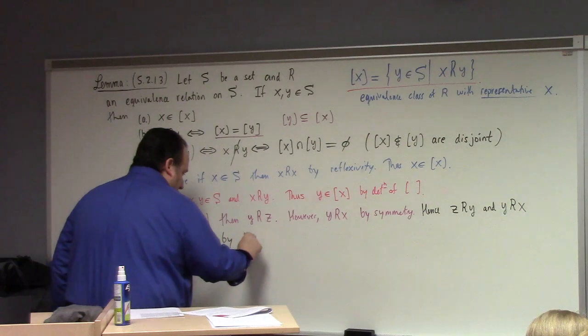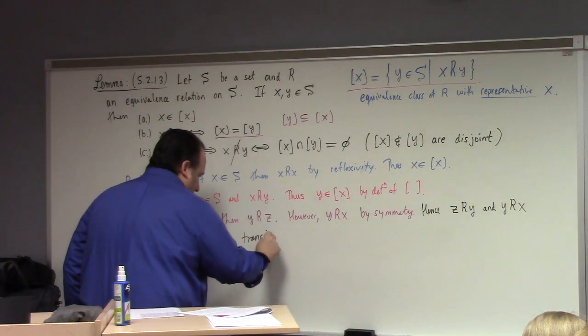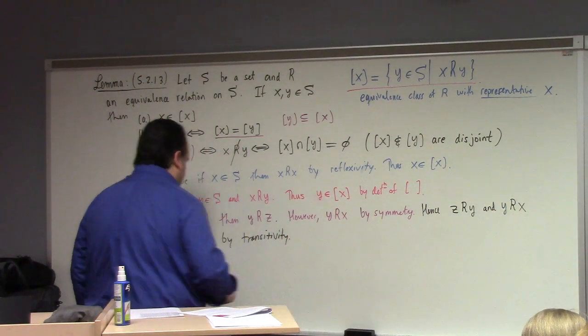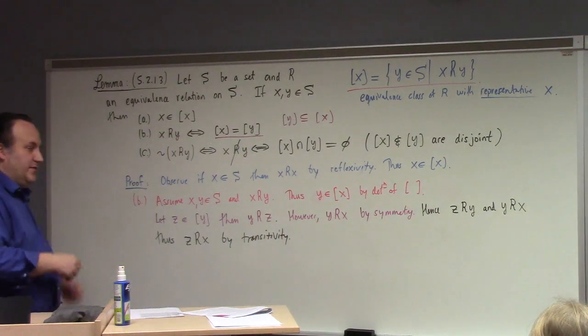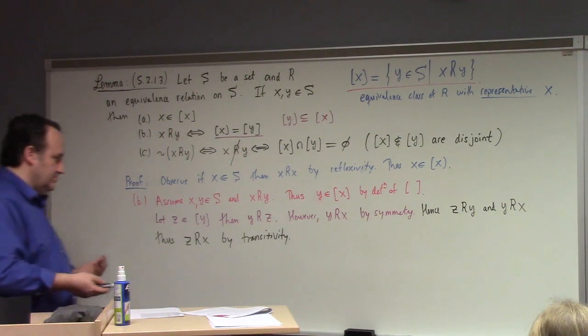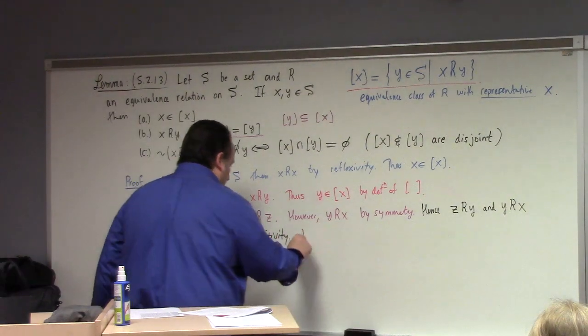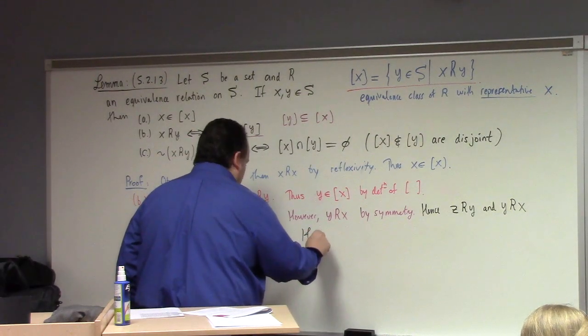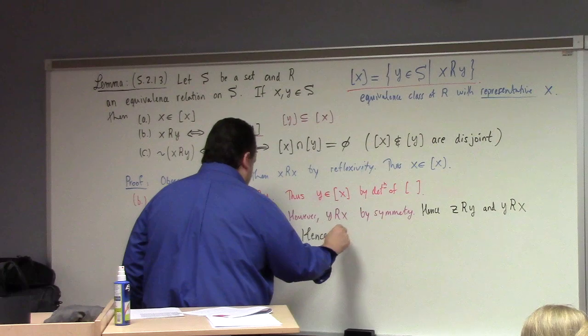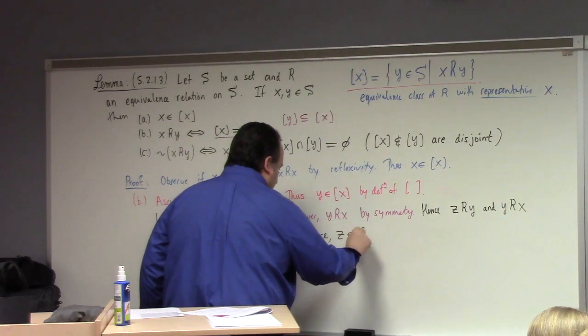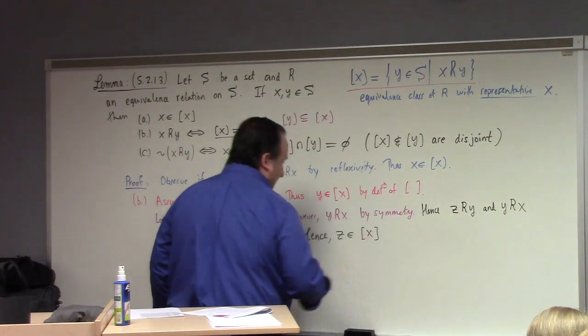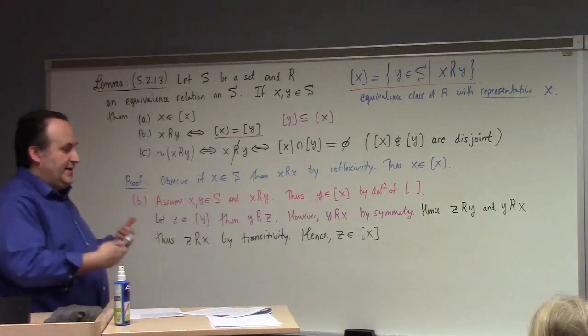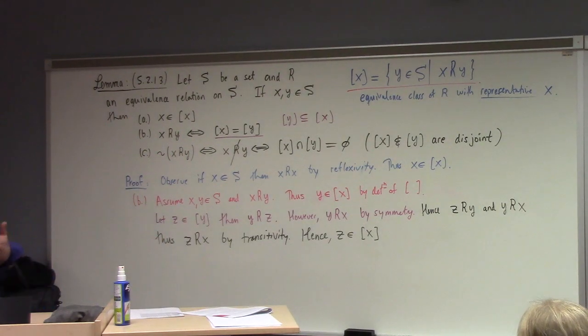By transitivity. But what does this show? Hence, z is an element of the equivalence class represented by x, because what does it take to gain entry into the equivalence class represented by x? You must be equivalent to x. But we have that z is equivalent to x now. What does this mean?